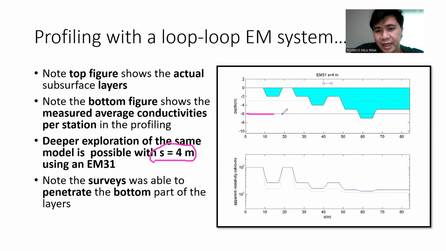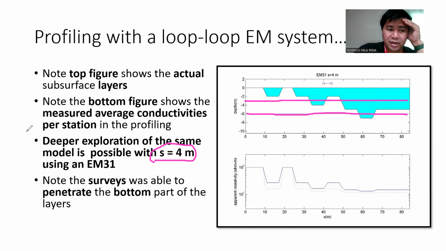So this is your VCP at 6 meters spacing for EM31. This one is HCP for EM31. So for HCP, the depth of penetration is spacing times 0.75. So that's 3 meters.